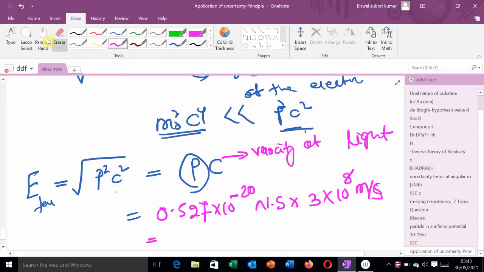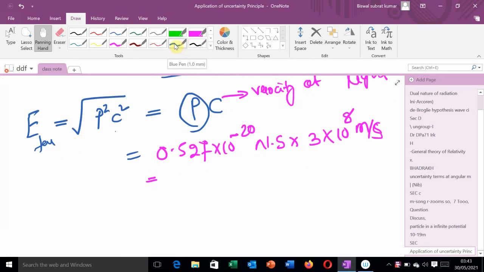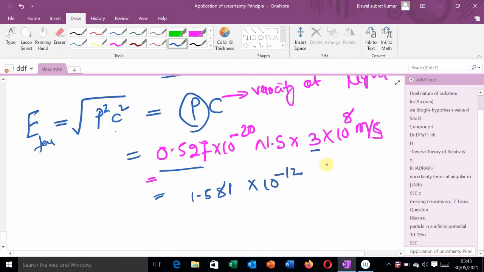If you multiply this with 3, this is actually 1.58 into 10 to the power minus 12 joule.